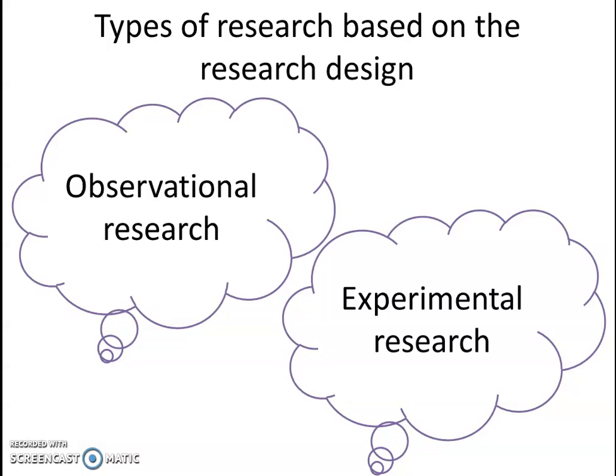If the investigator simply wants to observe, like let's say you are observing a night sky, you are seeing the stars and the moon, you can hardly change anything about it, right? The clouds, you can't change anything. You don't have a reset button there. So that's observational research.